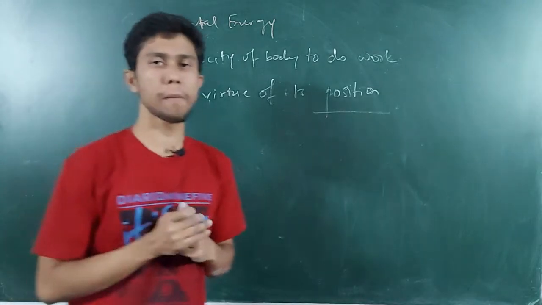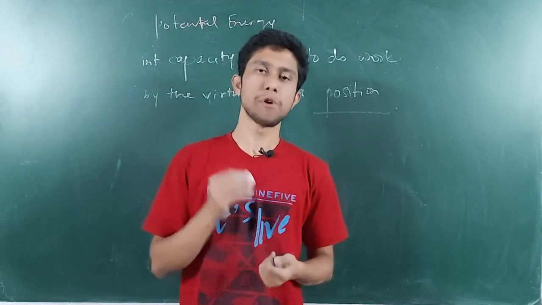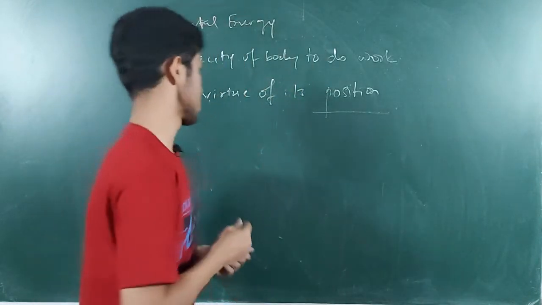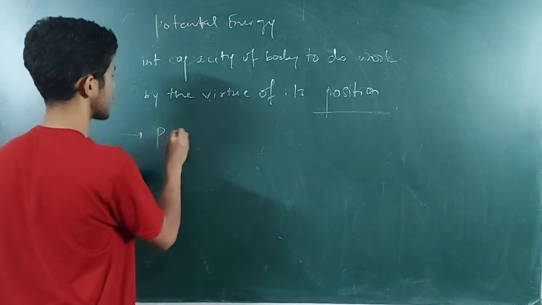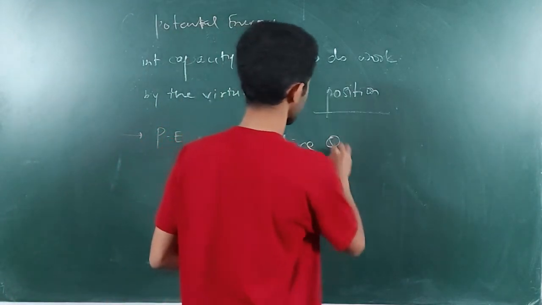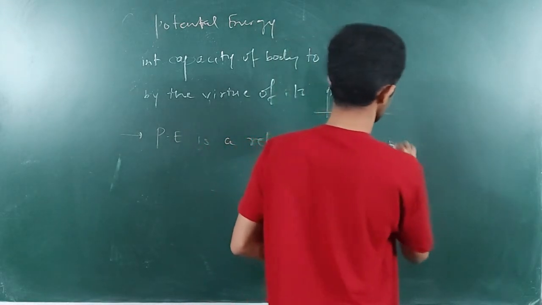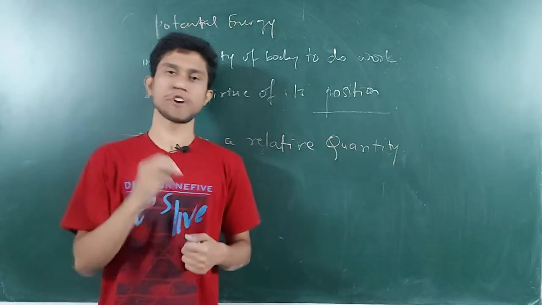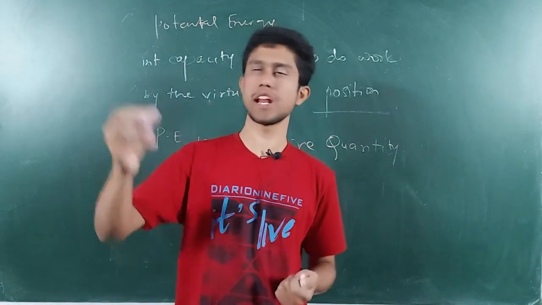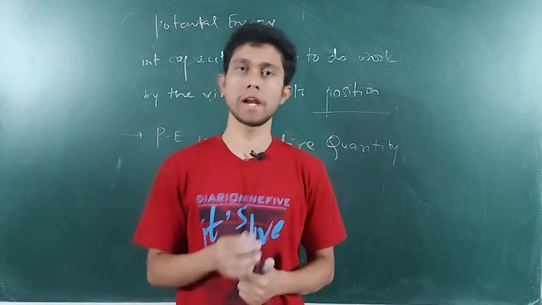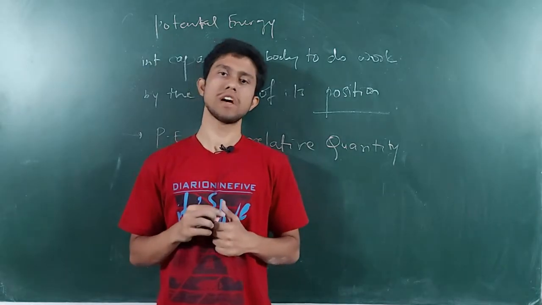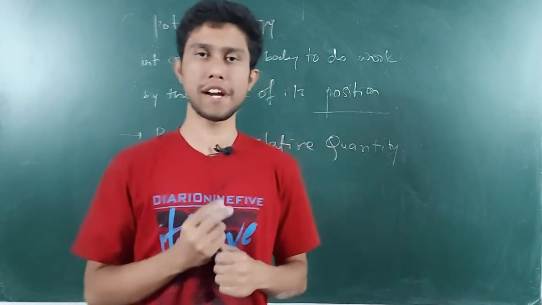The next most important point which I want to tell you is potential energy is a relative quantity, but kinetic energy isn't. So if I give you a situation and ask you what is the potential energy of any particular body or object, the question is invalid because potential energy is a relative quantity.